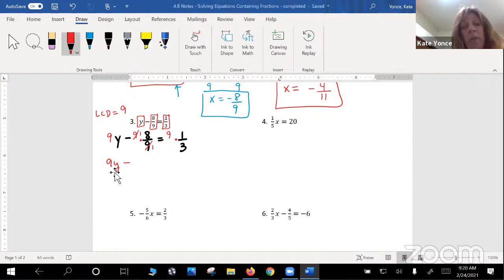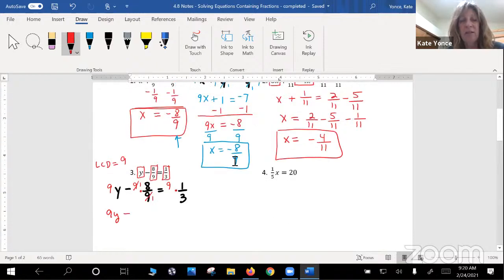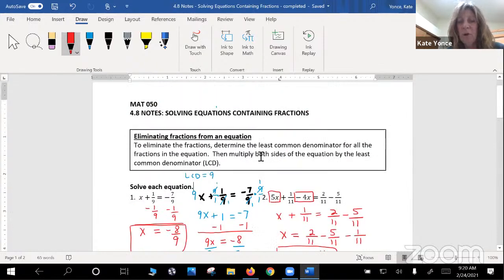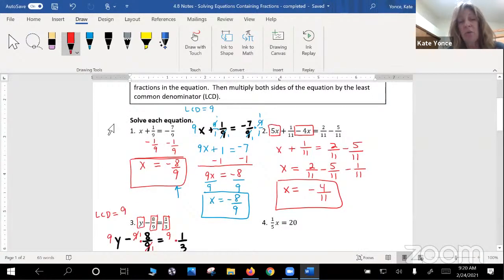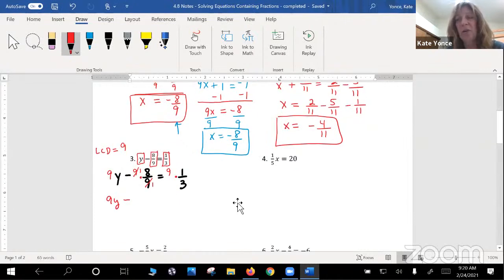I'm still confused on how you got a 9 next to y. Because our LCD was 9 and we're multiplying everything. So you remember the steps up here where we multiply both sides of the equation by the LCD. We're allowed to do anything we want to an equation as long as we do it to both sides, which means to all terms.